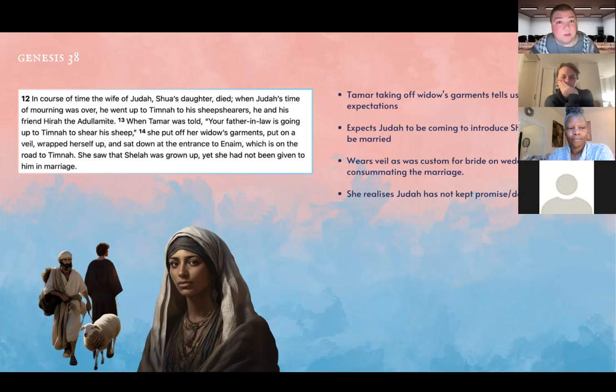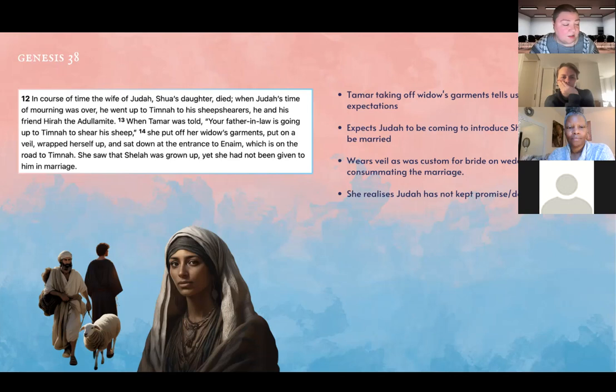Judah is passing through the area where Tamar lives. She hears that he's coming, and what does she do? She takes off her widow's garment, the clothes of mourning, and dresses up specifically with a veil. Why does she do this? Well, the author is telling us of her expectations. She thinks that Judah is bringing Shelah so that she can finally marry him.